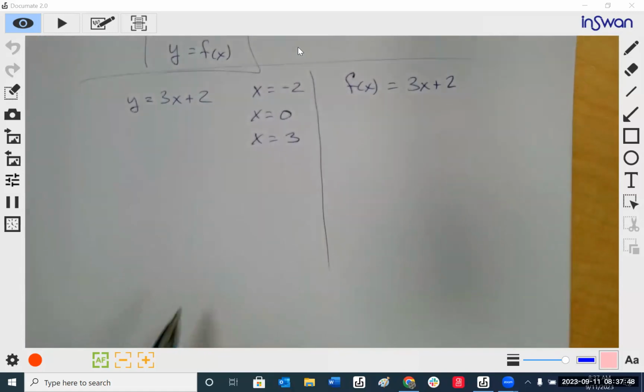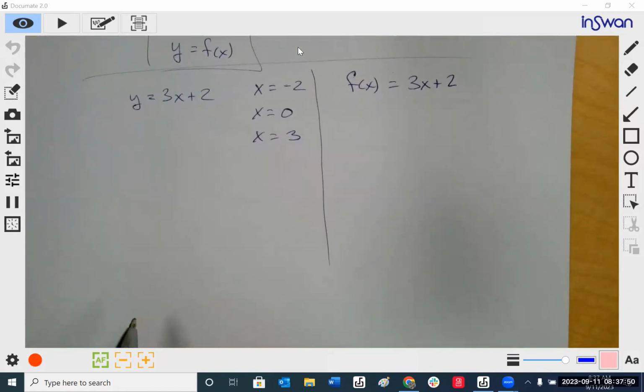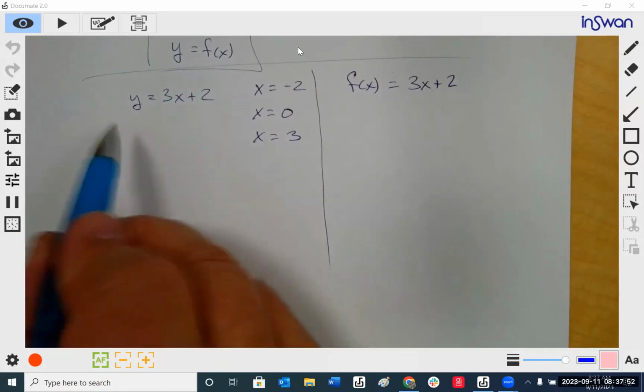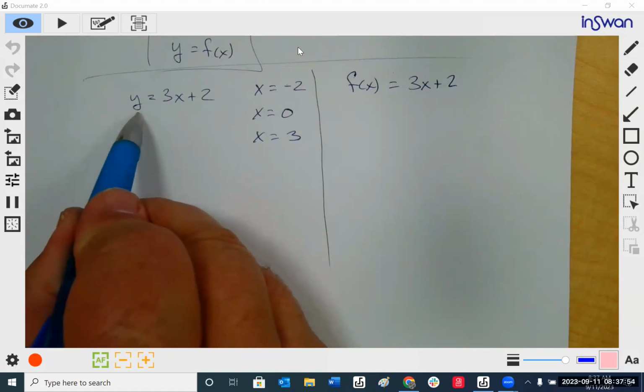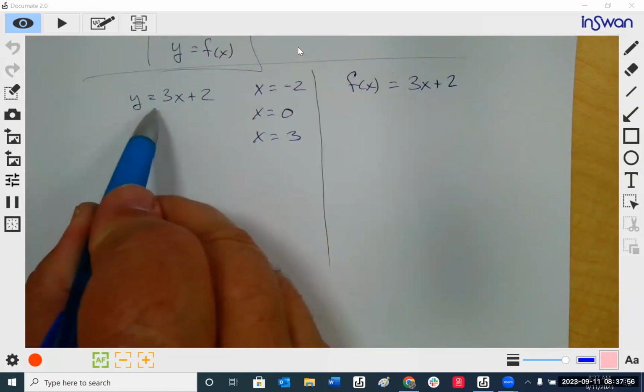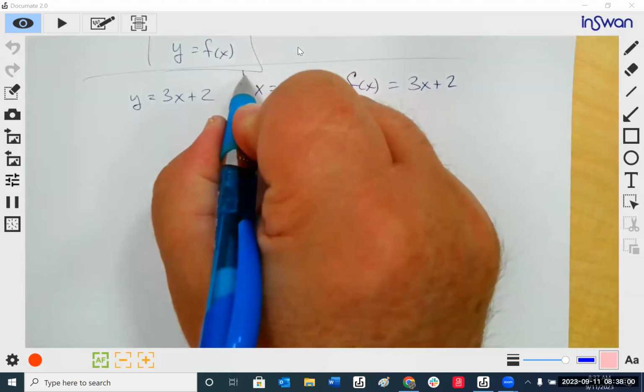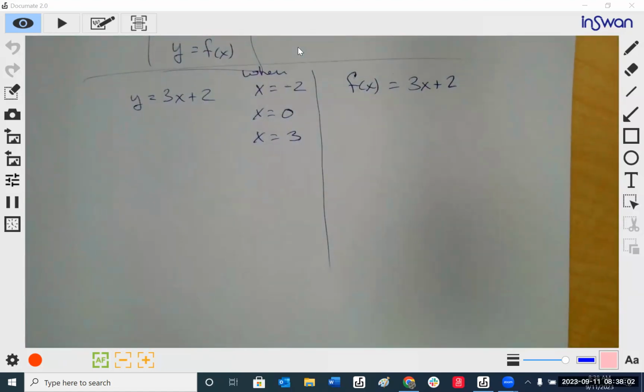So in the old ways, this is how we would have to write it. The equation y equals 3x plus 2. Find the value of y when x equals -2, x equals 0, x equals 3.